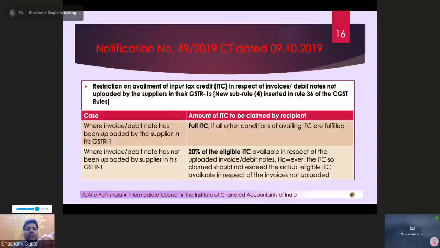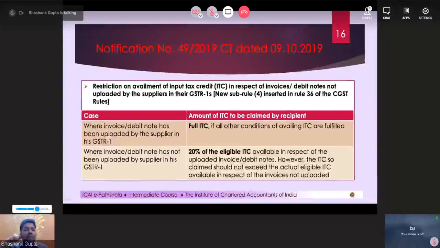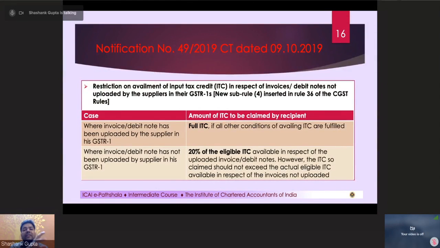From that GSTR1, it will become GSTR2A, that is wherever A is added, that becomes automatic. From GSTR1, GSTR2A automatically will be populated, and 2A refers to the recipient, that it will reflect that in your name such and such supplies have been reported by C. Shashank Gupta.